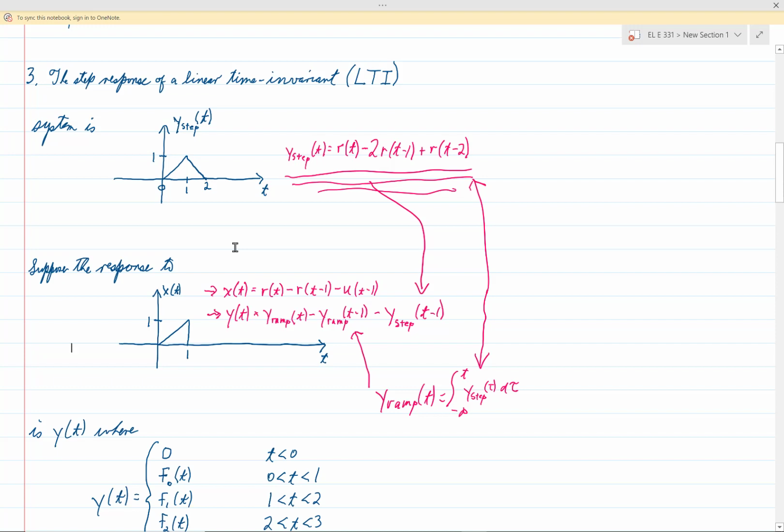And so we want to know what its response will be to this function. Okay?